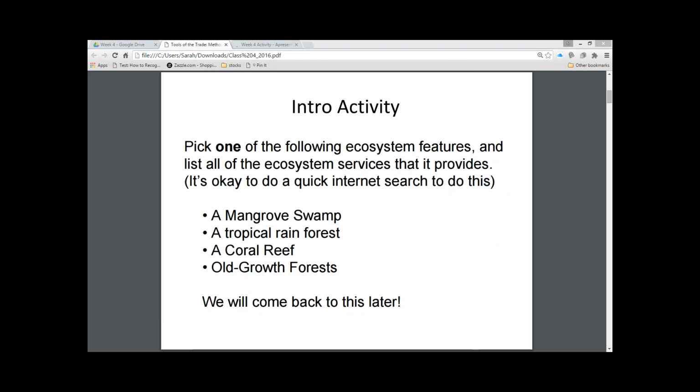So go ahead, take a few minutes, and try to fill them in. I think we've broken them up on the presentation into different services per page. So just scroll down the slide on the exercise if you don't see your favorite ecosystem service or ecosystem feature listed first.